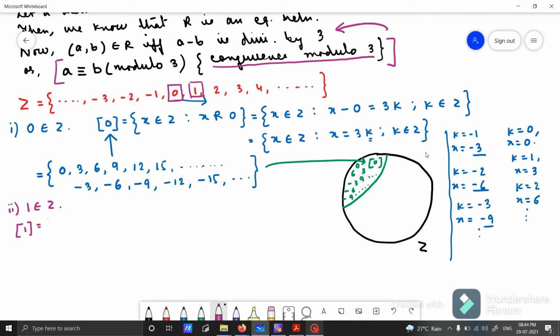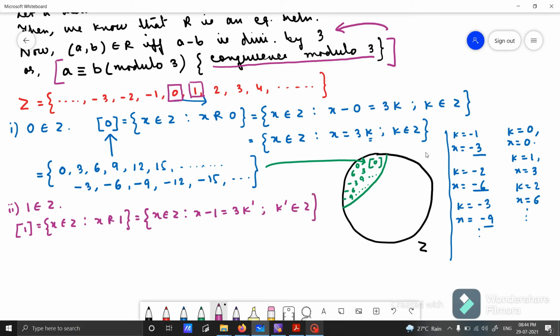So it will consist of all those integers such that x is related to 1. That means all those integers such that x minus 1 equal to 3k dash, because x minus 1 should be divisible by 3 according to the definition of the relation R. So I can write it is a multiple of 3, so 3k dash, where k dash is some integer.